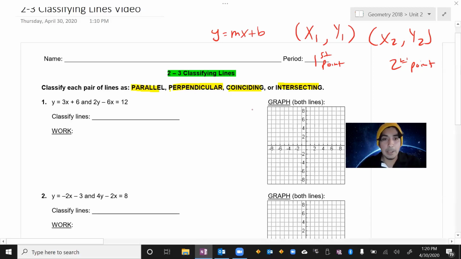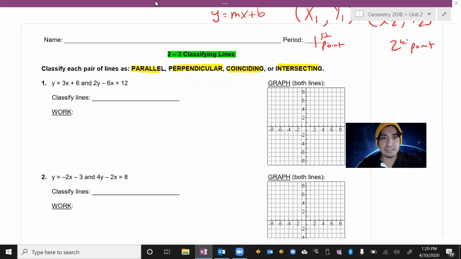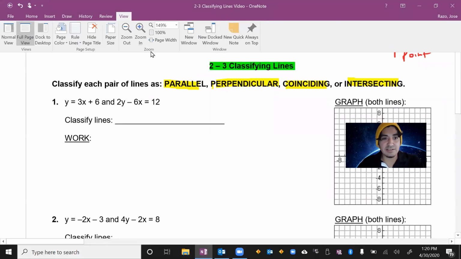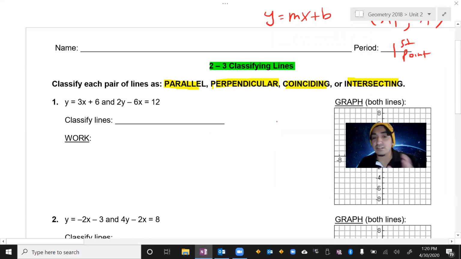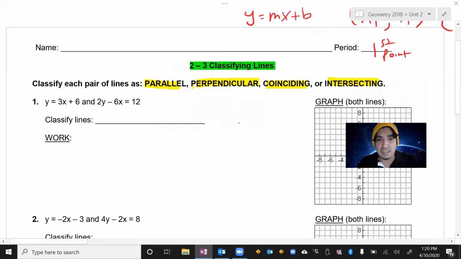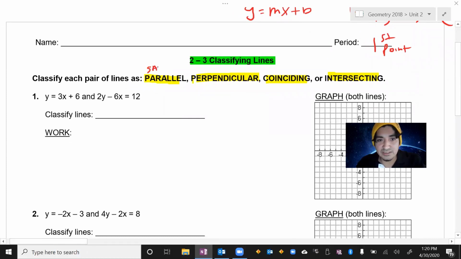In this one, we have to classify each line as either parallel, perpendicular, coinciding, or intersecting. This goes back to what was in the other videos. Parallel says the same slope. Perpendicular means they're going to be opposite reciprocals.